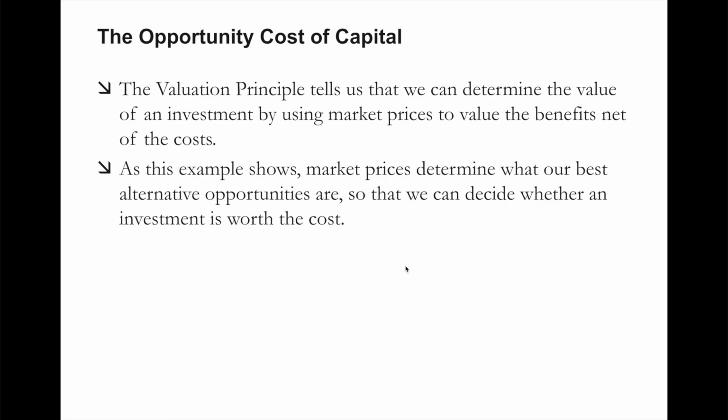So the valuation principle tells us that we can determine the value of an investment by using market prices to value the benefit net of the cost, because market prices tell us what the best alternative opportunities are, so that we can decide whether an investment is worth the cost. We'll come back to this opportunity cost of capital topic in week 9 when we talk about capital budgeting.